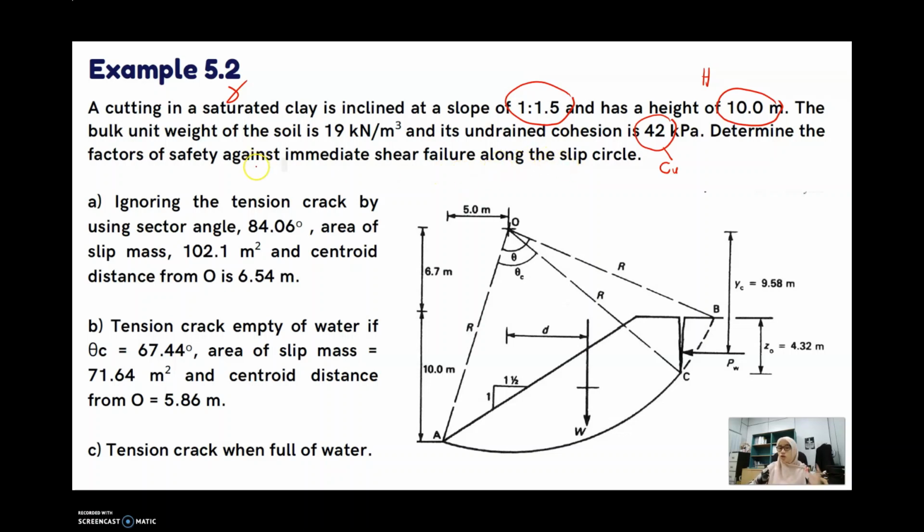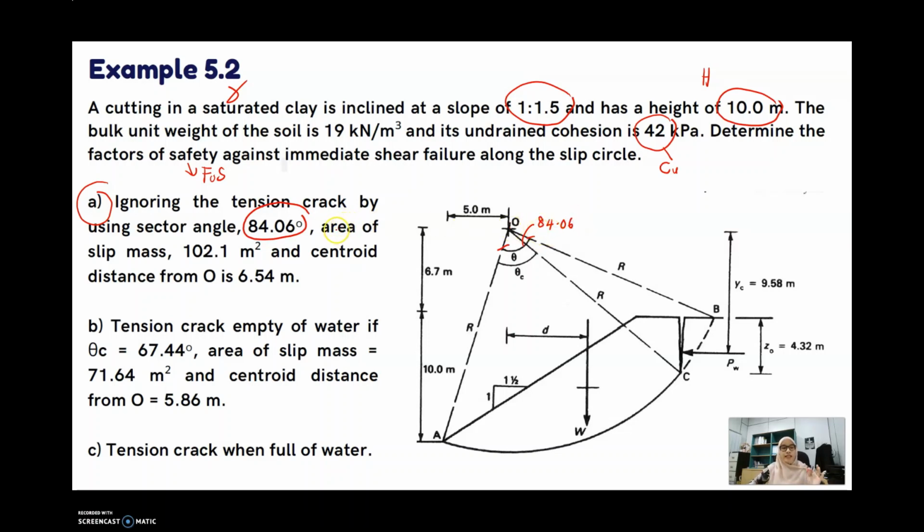But it's not only one factor of safety; you have three conditions in this question. In condition number 1, you need to ignore the tension crack, using a sector angle of 84.06 degrees. Here is the location of 84.06.